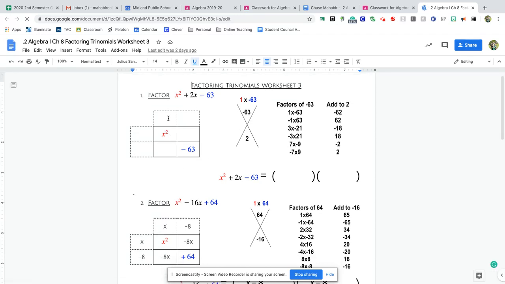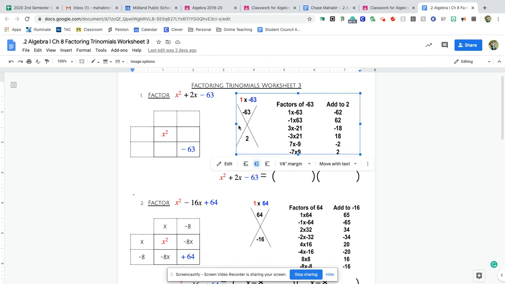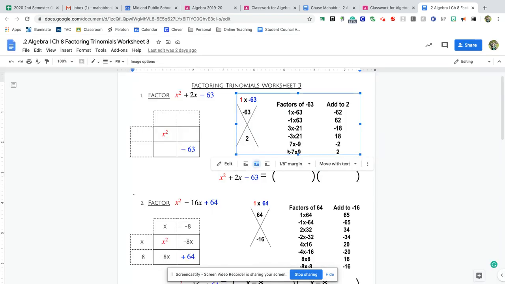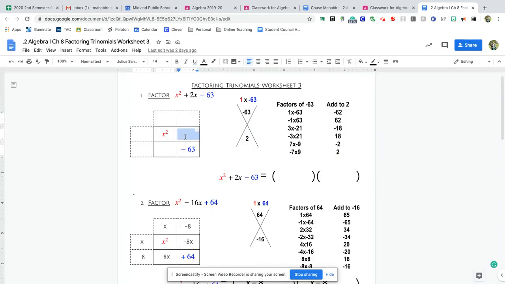So if I were doing this one, I'm looking for factors of negative 63 that add to 2. That's going to be negative 7 and 9. So I would put over here negative 7x and 9x. I'd find my greatest common factor. That's going to be x.